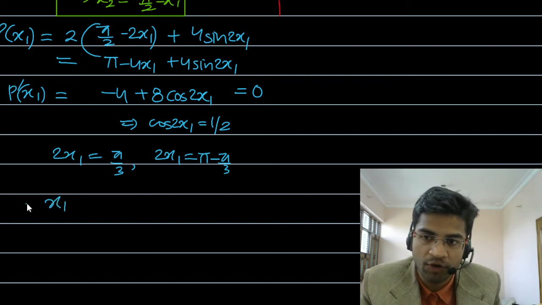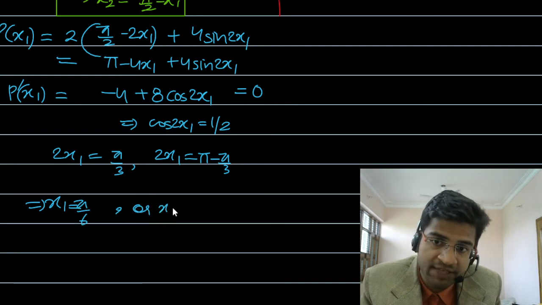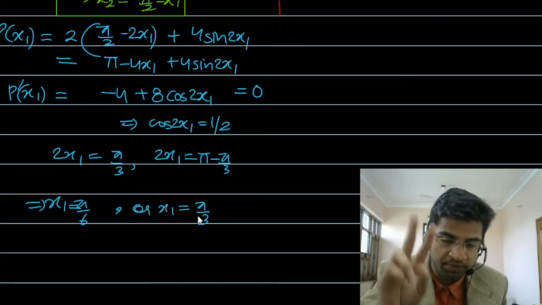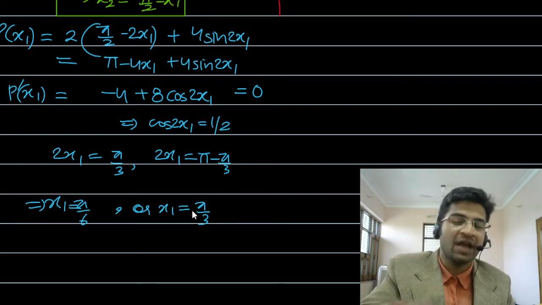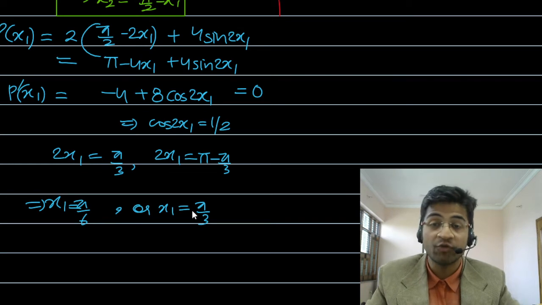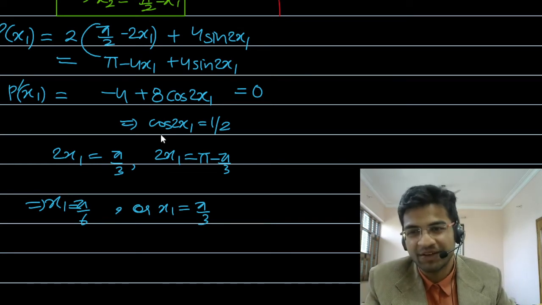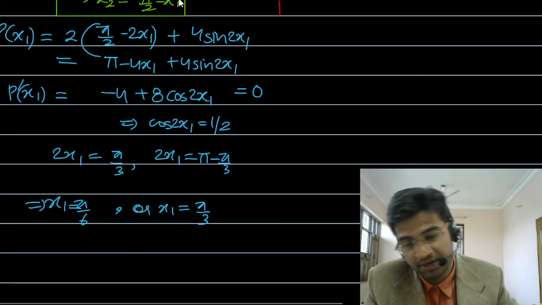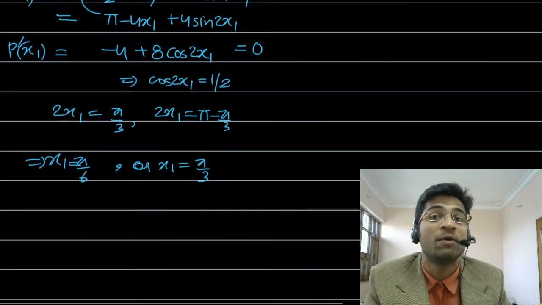So 2x1 is equal to pi by 3. From this, x1 is equal to pi by 6, or x1 is equal to pi by 3. So there are two possibilities, but we don't know which is the maximum and which is the minimum. We can also use the double derivative to tell which will give us the maximum or minimum value.